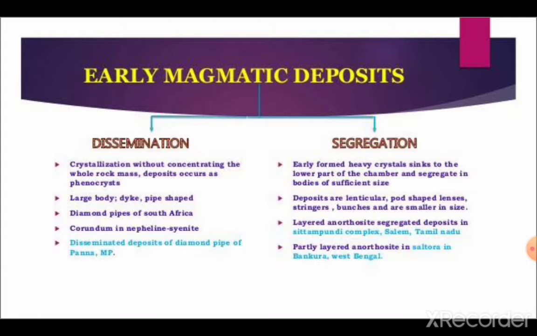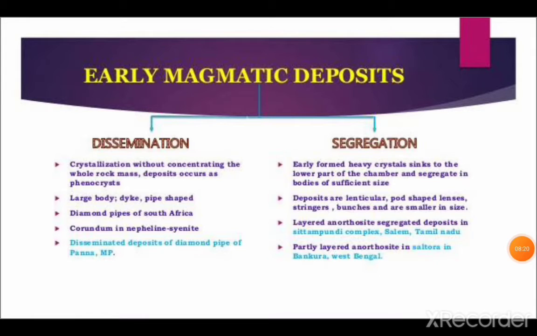In dissemination deposits, crystallization occurs without concentrating the whole rock mass, and deposits occur as phenocrysts, where crystals occur in large size. In the segregation process, early formed heavy crystals sink to the lower part of the chamber and separate in bodies of sufficient size.